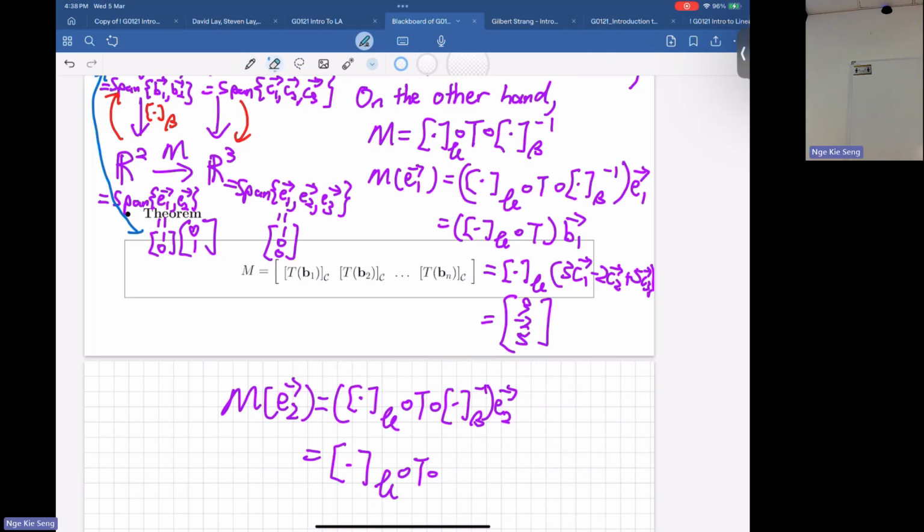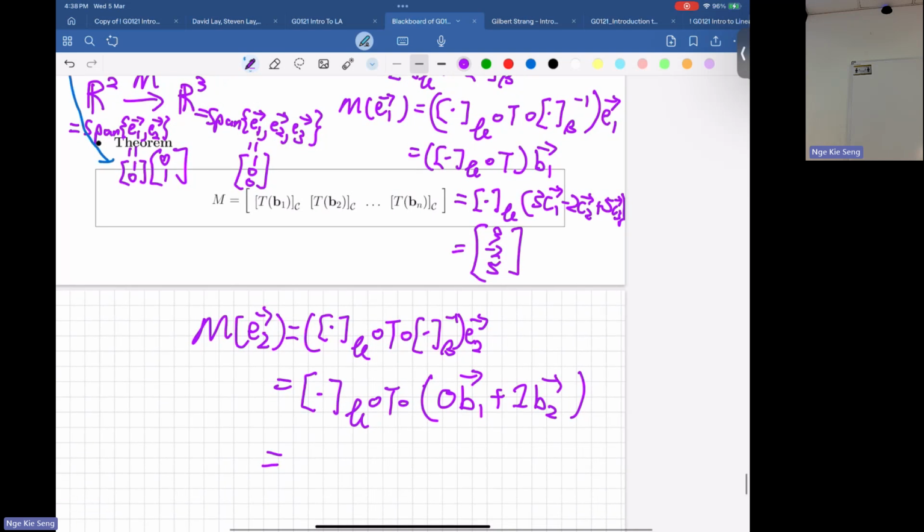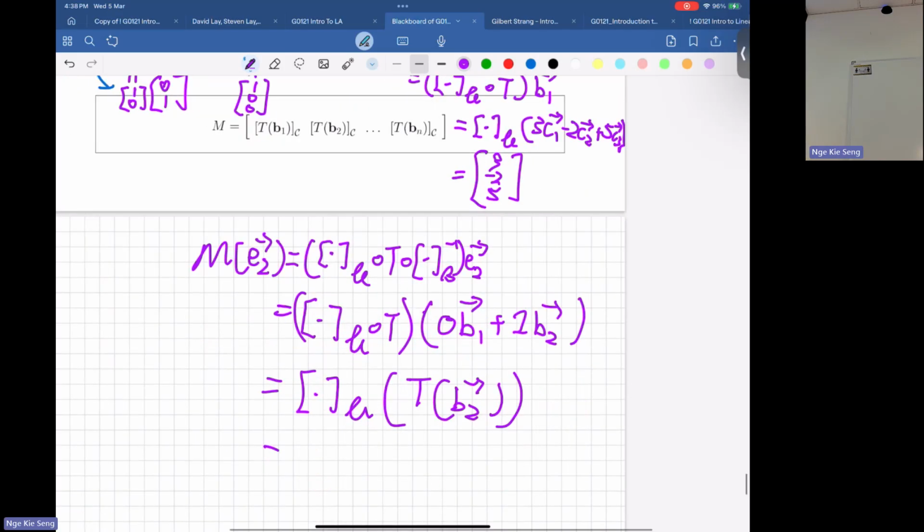Maybe let me show you how I get it. 0 times B1 plus 1 times B2 equals this function applied, T of B2. In this case, what do you get?